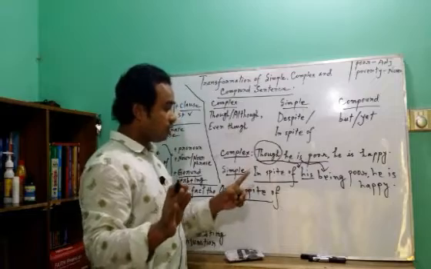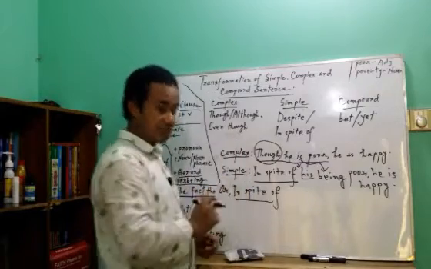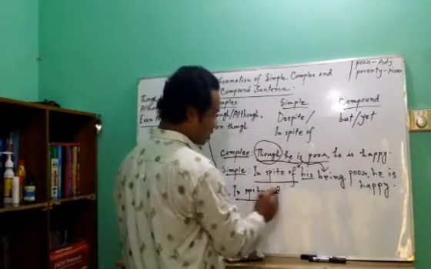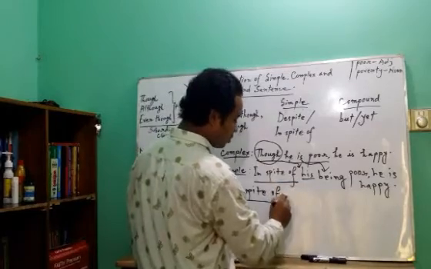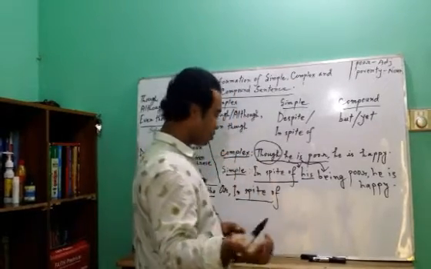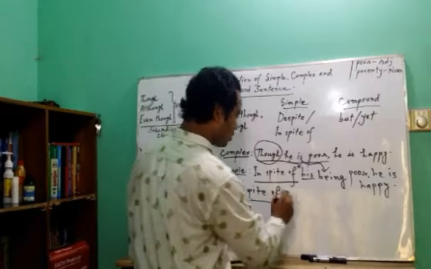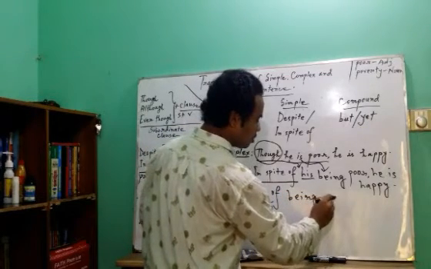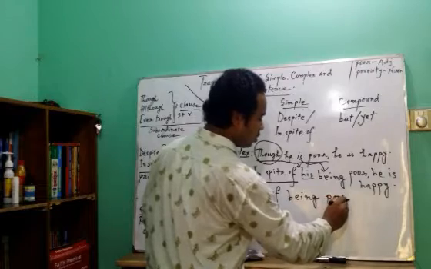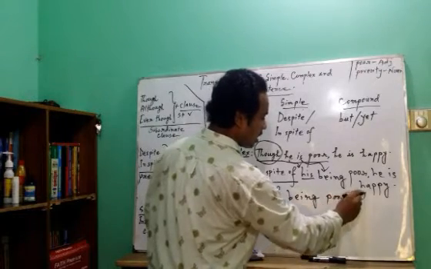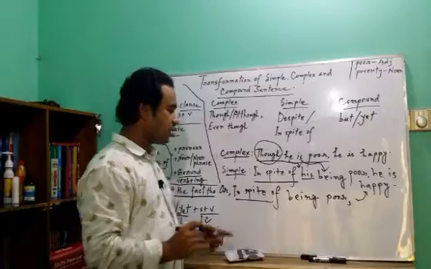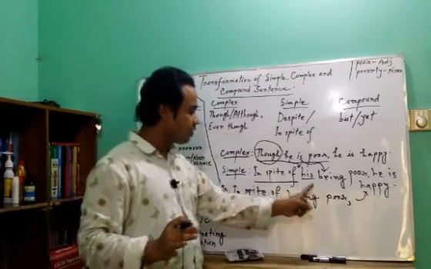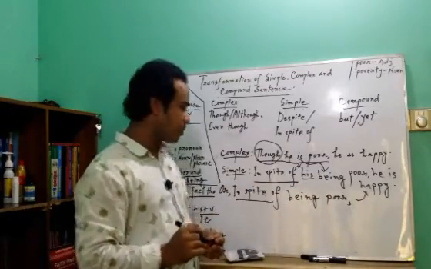Now we are not using the subject, so in spite of it is also possible in spite of being poor. In spite of being poor, he is happy. It's also possible. Here we have not used the possessive adjective.